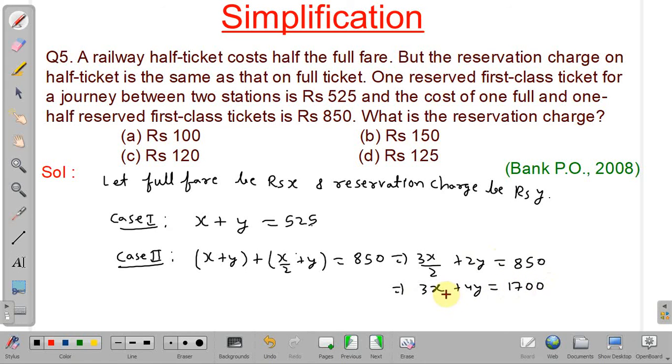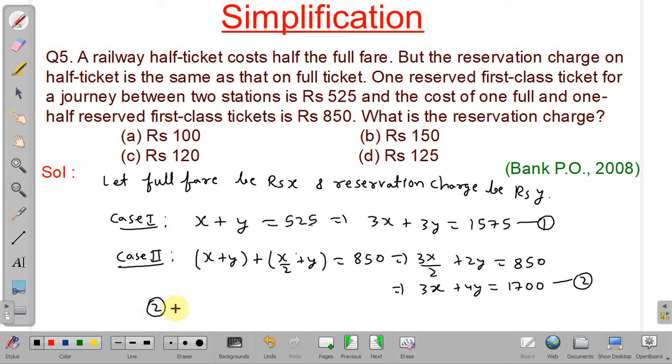Okay, now if we see this equation, and if we multiply by 3 on both sides, we will get 3x plus 3y equal to 1575. Now if this is our equation 1 and this is equation 2, so if we subtract equation 1 from 2, we will get the value of y.